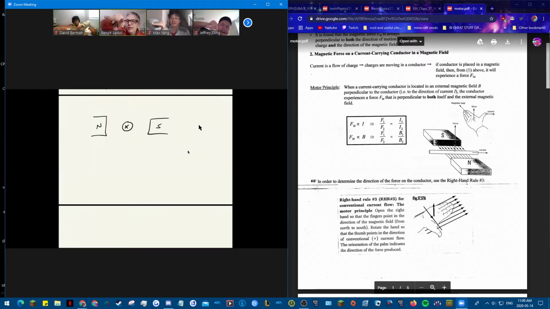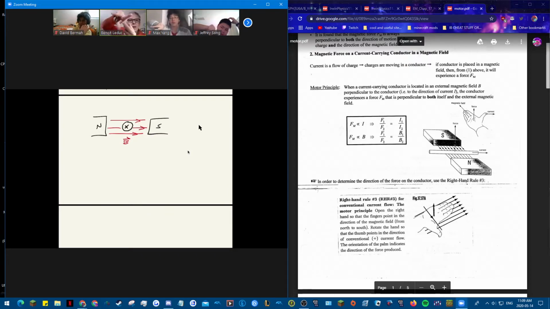Now you need to put B, the direction of your magnetic field. The magnetic field outside of a magnet always goes from north to south. So if I go back to this, the magnetic field goes this way. You see this here? Magnetic field goes from north to south.